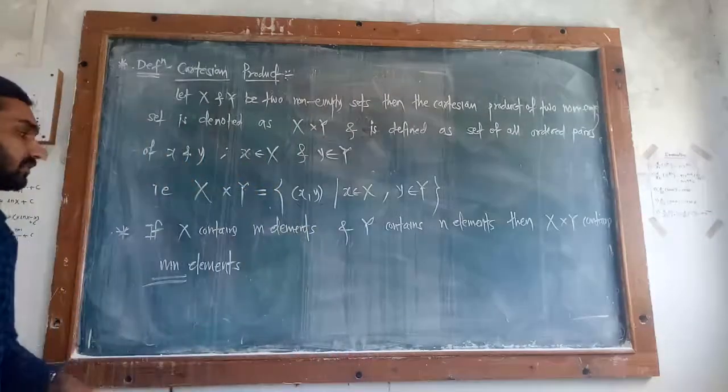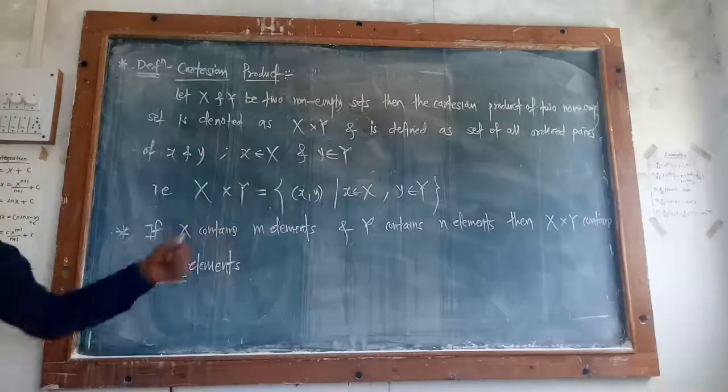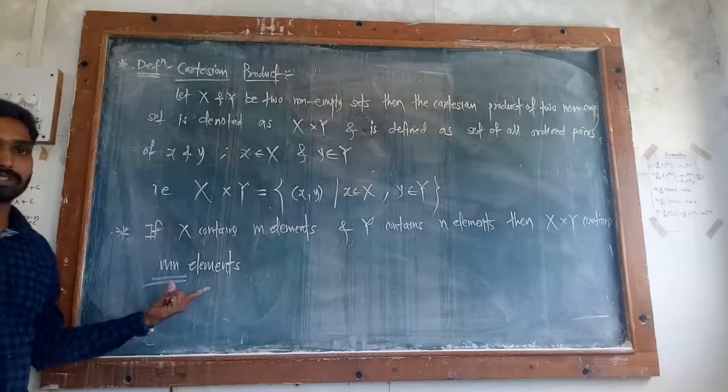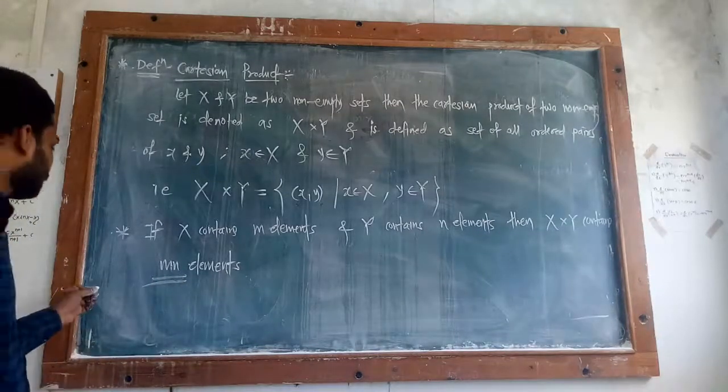How many elements are in that Cartesian product? That is mn elements. Okay. If X contains m elements and Y contains n elements, then the Cartesian product x cross y contains mn elements. Okay. Let us take an example.